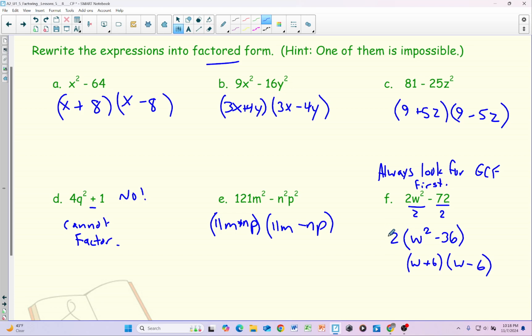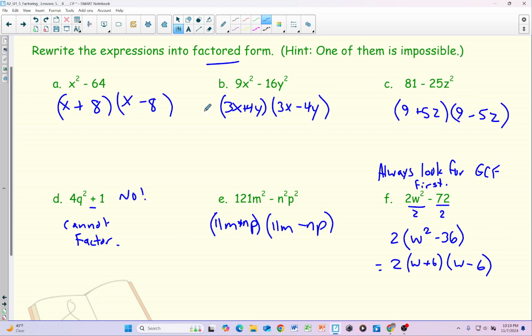What happens to the GCF of 2 then? Nothing. It comes along for the ride. And so, because it comes along for the ride, now we have the GCF and the factor. And what we've now done is we've broken this expression down into 3 parts. The 2, the plus 6, and the minus 6. And if I multiply that all together, I do in fact get my minus 72. So this totally works.